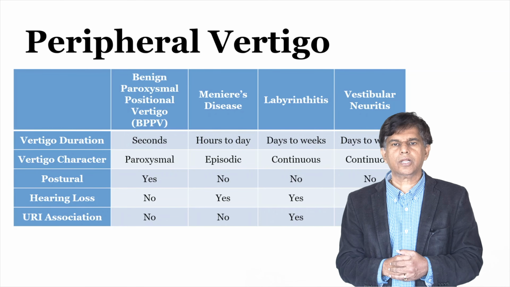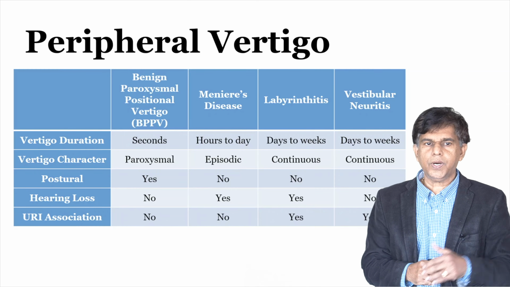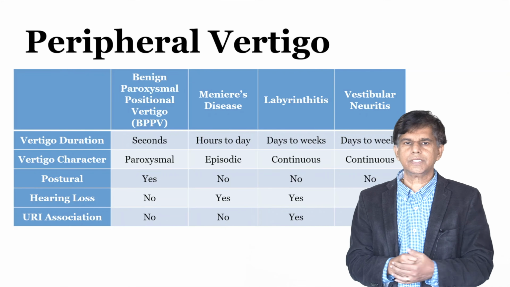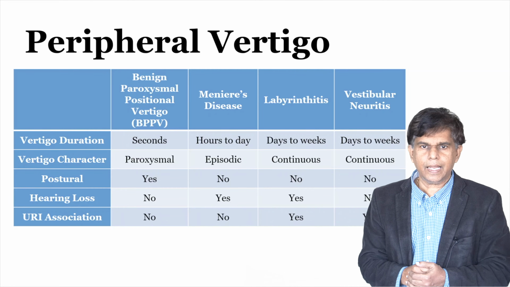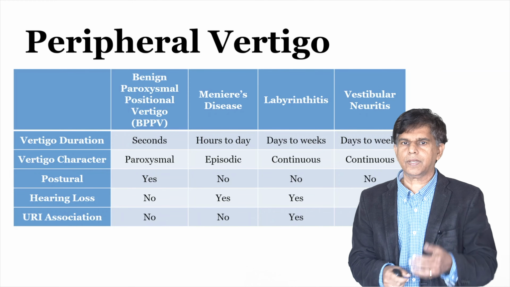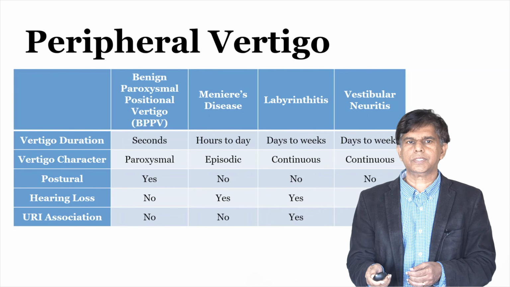Labyrinthitis, there's going to be hearing loss. And vestibular neuritis, there won't be any hearing loss at all. URI association in benign positional is no, Meniere's disease no, and labyrinthitis, yes, you're going to have upper respiratory infection related symptoms, and vestibular neuritis also, you can have those symptoms.